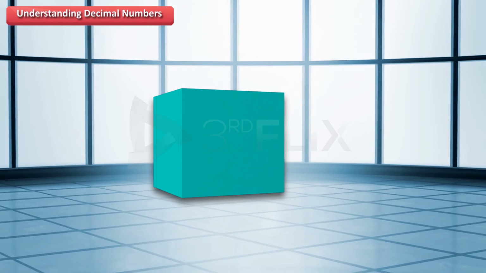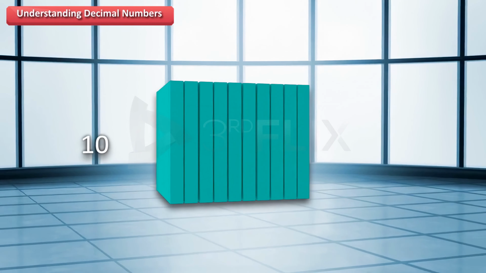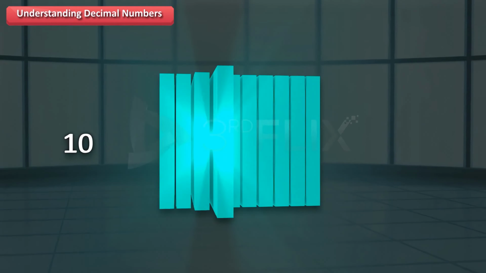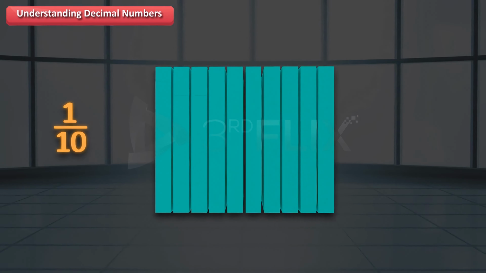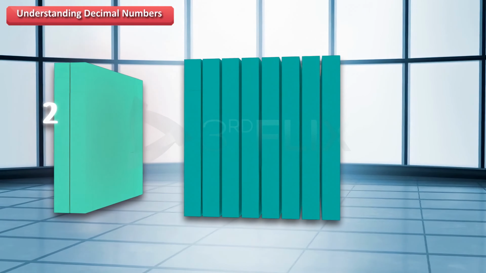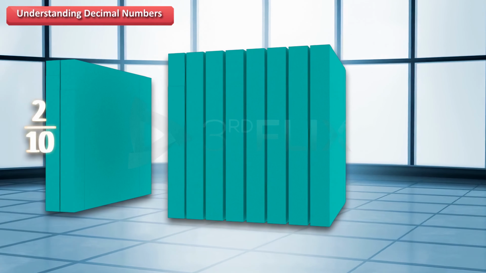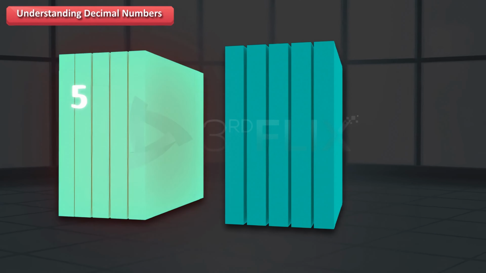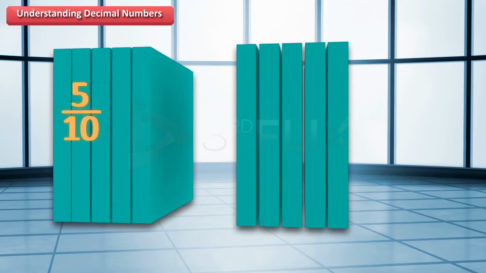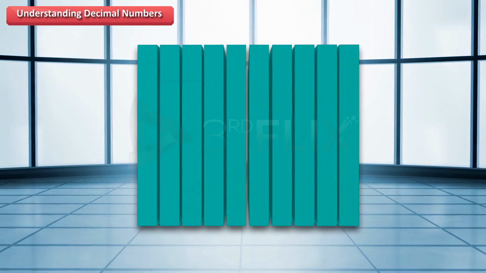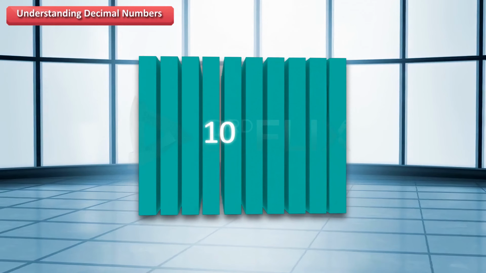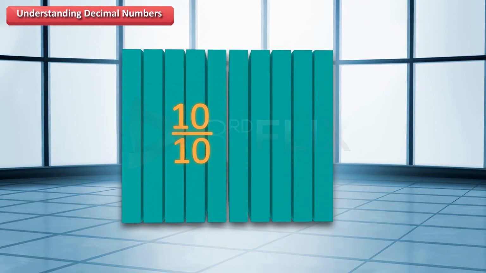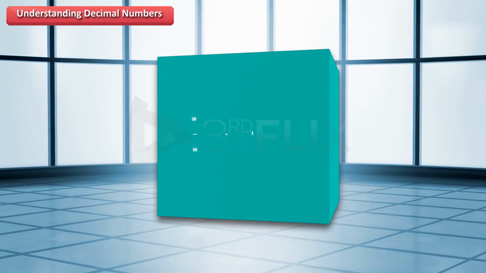Let's take a cube and divide it into 10 equal parts. Each part represents 1/10. Two parts together represent 2/10, and 5 parts together represent 5/10, and so on. All these 10 parts stacked together make 10/10, equal to 1.